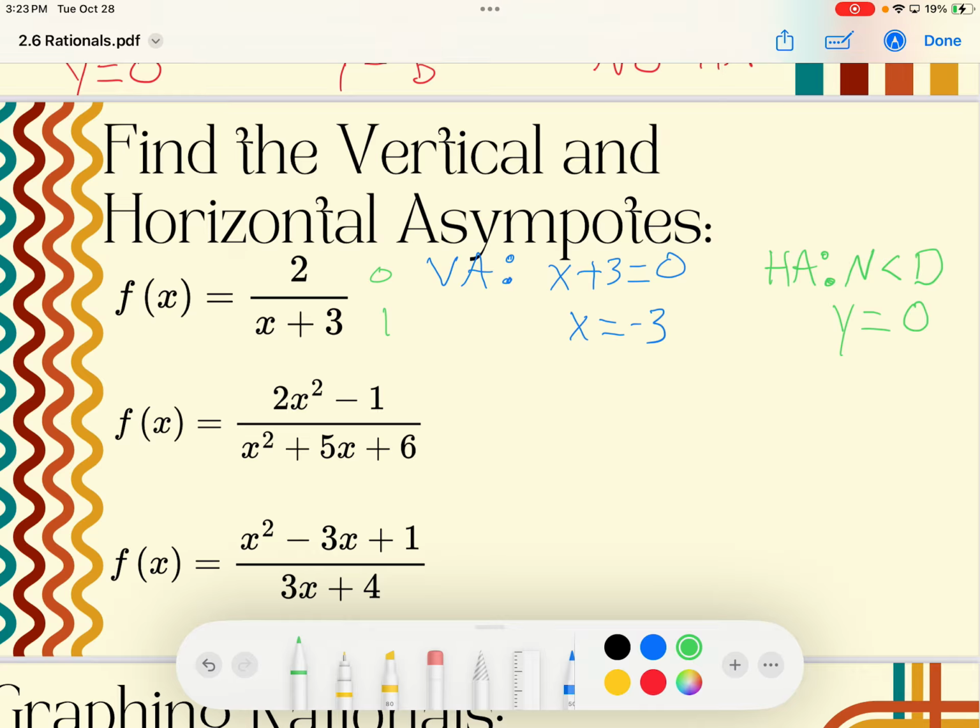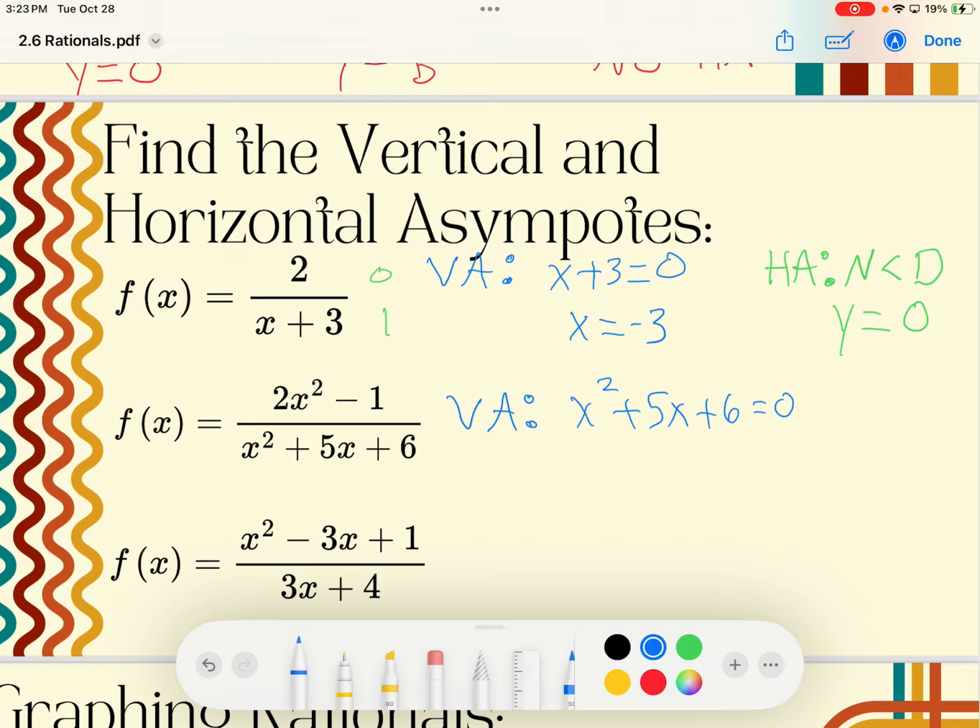All right. Looking at the second one. What are we setting equal to 0 this time? What's our g of x? Yeah, all the stuff on the bottom. What type of function do we have there? We've looked at a bunch of these this year.